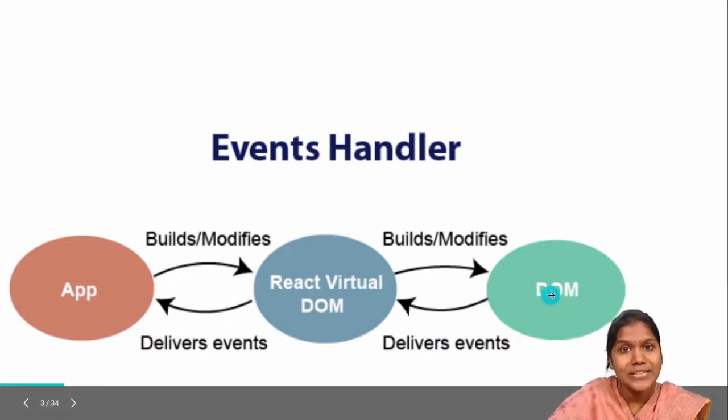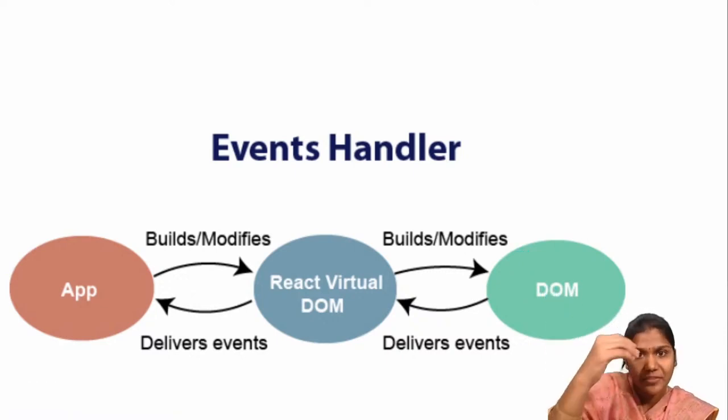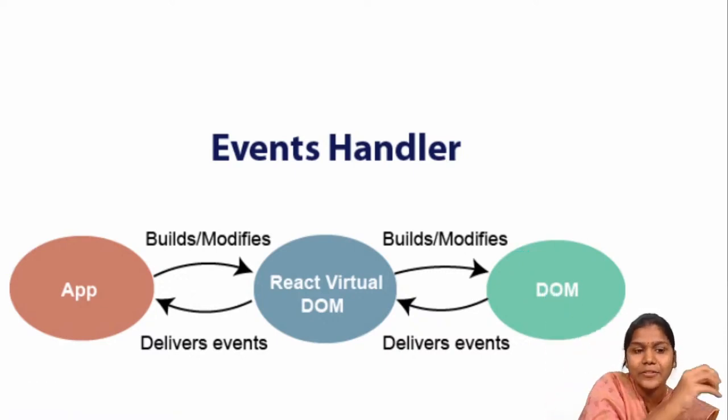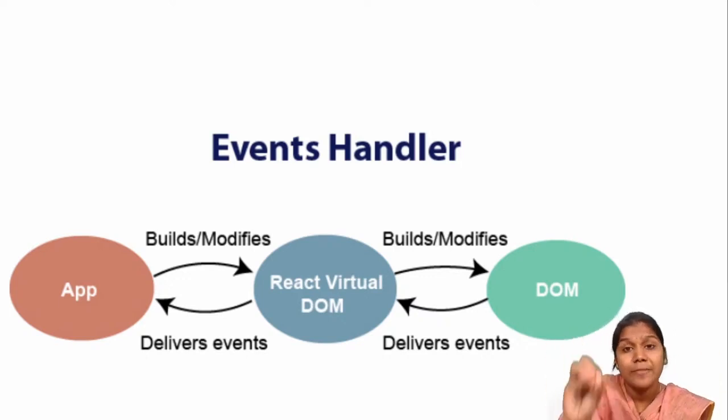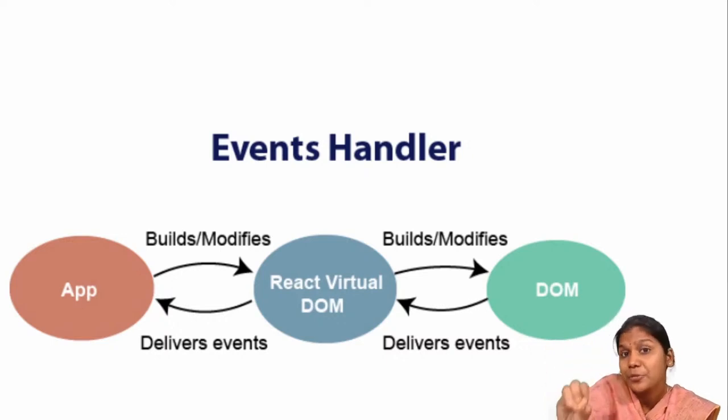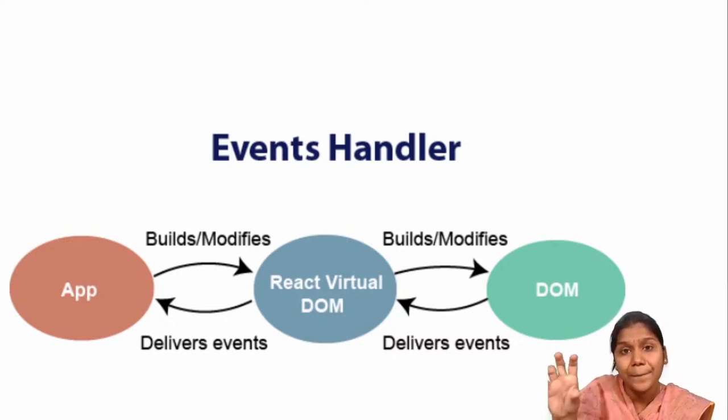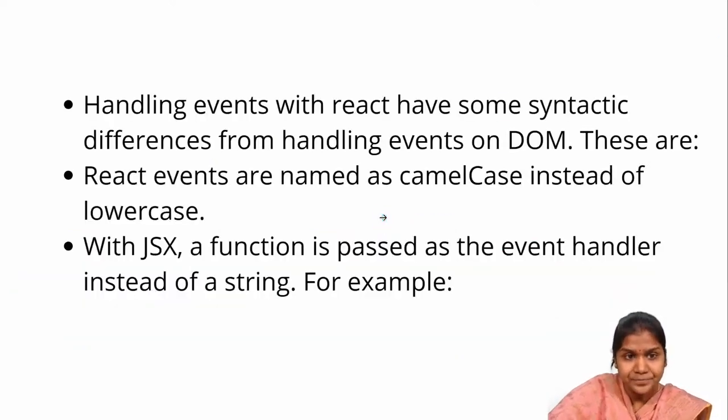Okay, it modifies those objects, then delivers my content back to the virtual DOM. Again it delivers my task application to app.js. The final web page content should be present in the app.js file. I hope it is clear, correct? Fine, let us move on to the next slide.